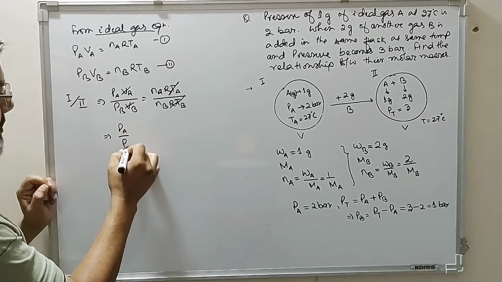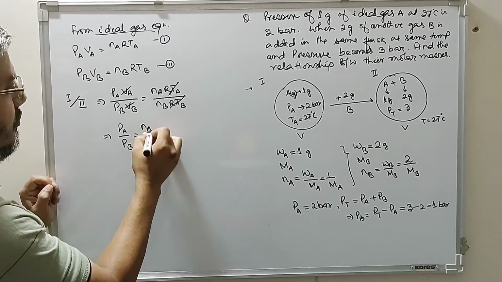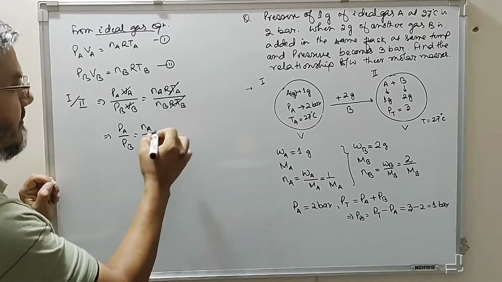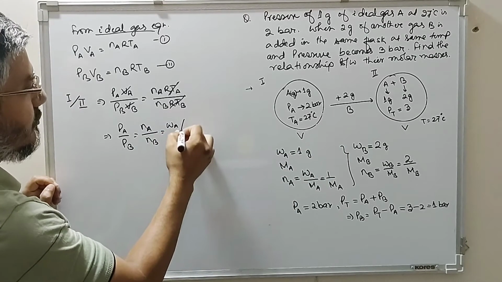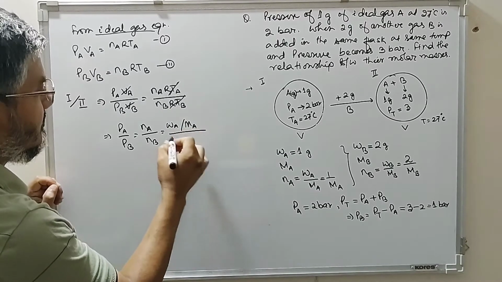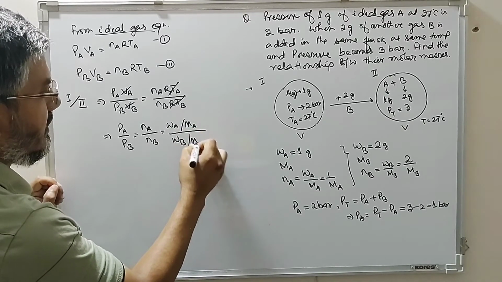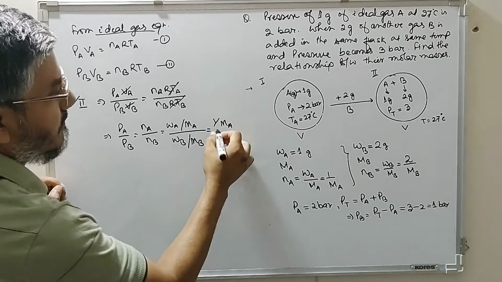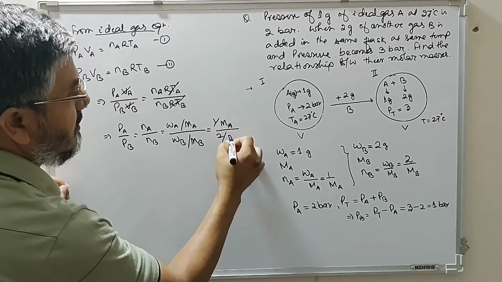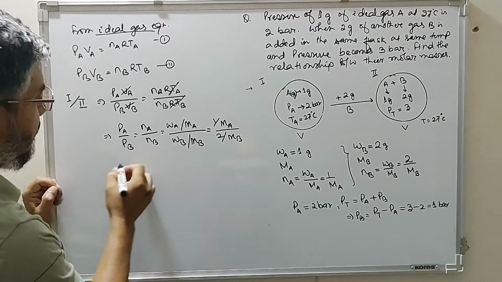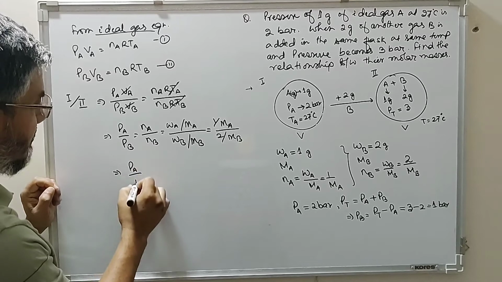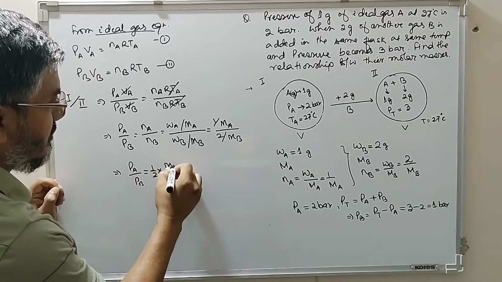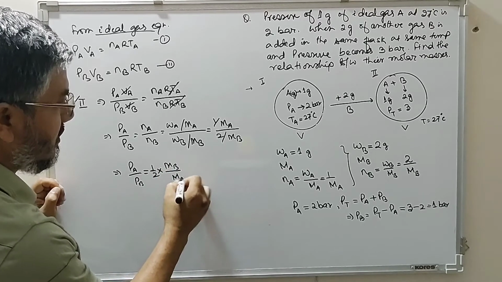Pressure of A divided by pressure of B is equal to number of moles of A divided by number of moles of B. We have the number of moles of A and B, that is WA by MA divided by WB by MB. So this is 1 by MA and this is 2 by MB, or we can say PA by PB is equal to half into MB by MA.